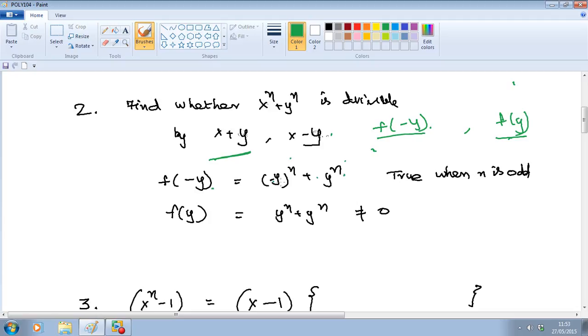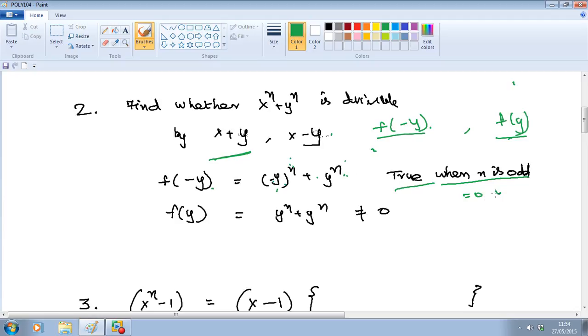When n is odd, minus y to the power of an odd number will become minus y to the power n, plus y to the power n, and then it becomes 0. That is why it is true when n is odd.